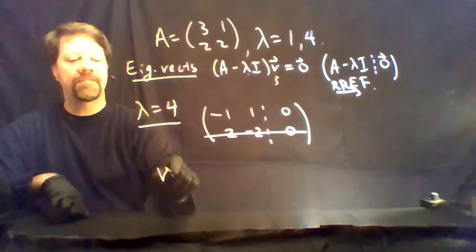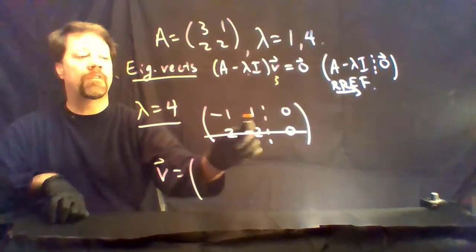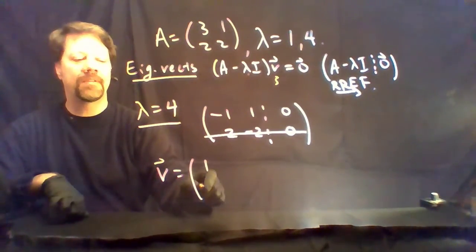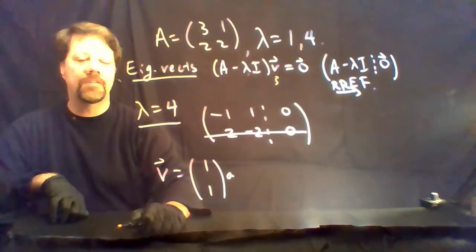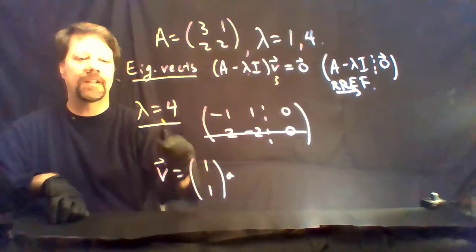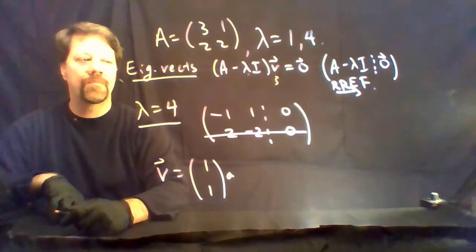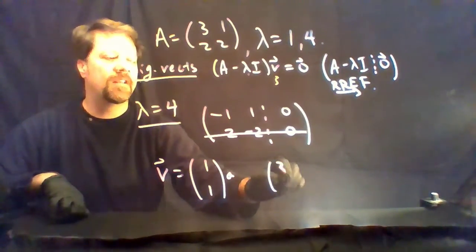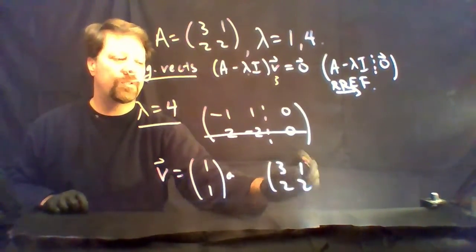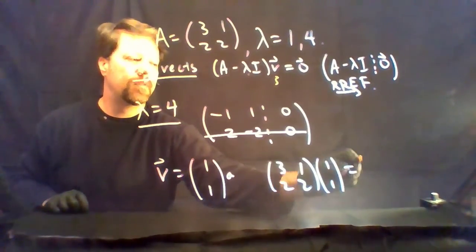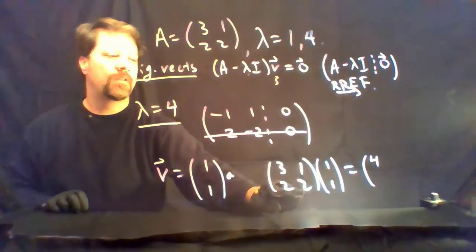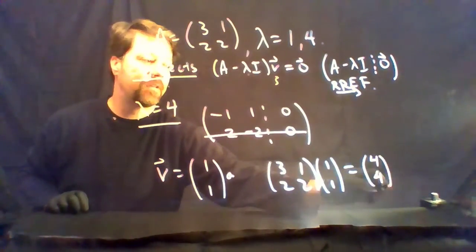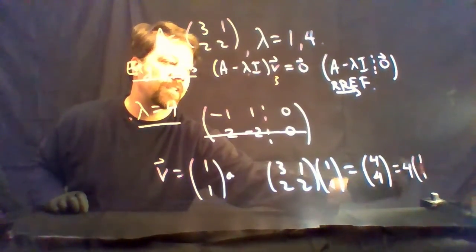To get my eigenvectors, remember we can reverse these and negate one entry. And so anything that is a multiple of 1, 1 will be an eigenvector corresponding with lambda equals 4. You can see that pretty easily. If I take 1, 2, 2 and multiply by 1, 1, we'll have 3 plus 1 is 4. 2 plus 2 is also 4, which is 4 times the vector 1, 1.